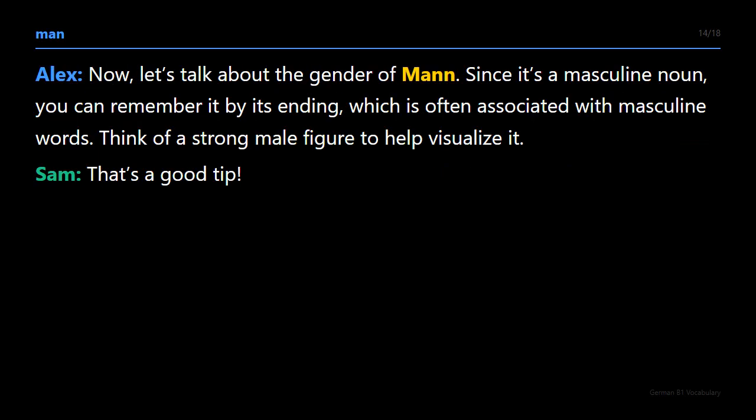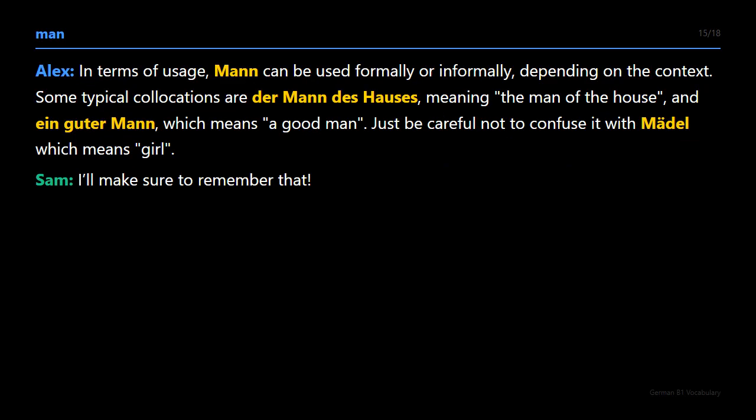Now, let's talk about the gender of Mann. Since it's a masculine noun, you can remember it by its ending, which is often associated with masculine words. Think of a strong male figure to help visualize it. That's a good tip. In terms of usage, Mann can be used formally or informally, depending on the context.